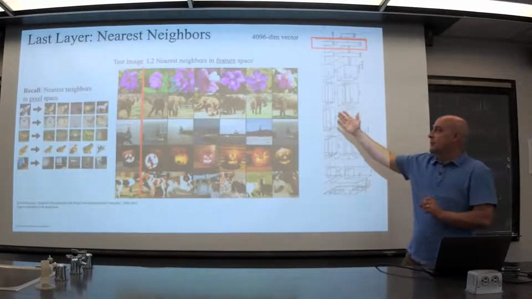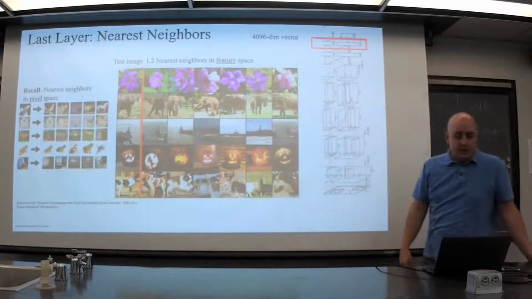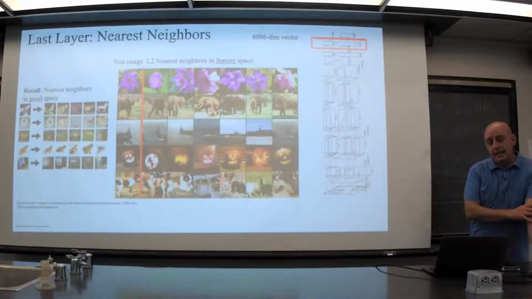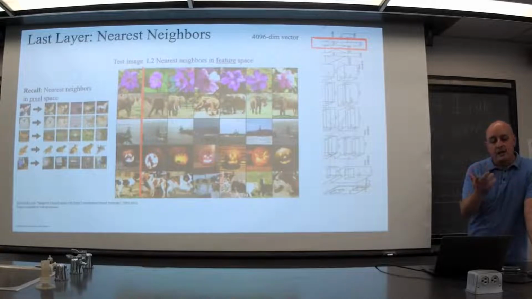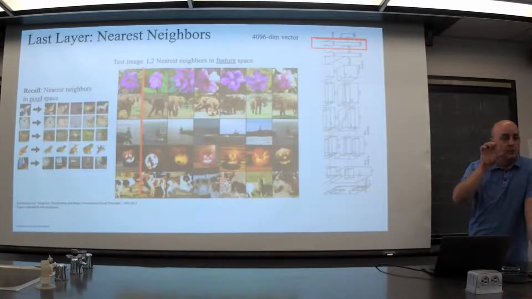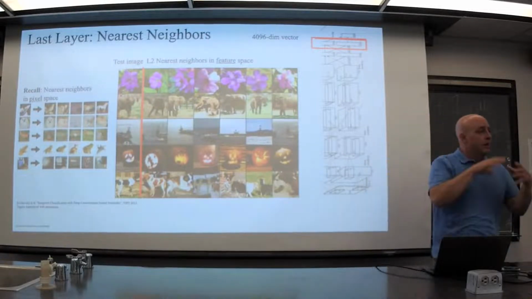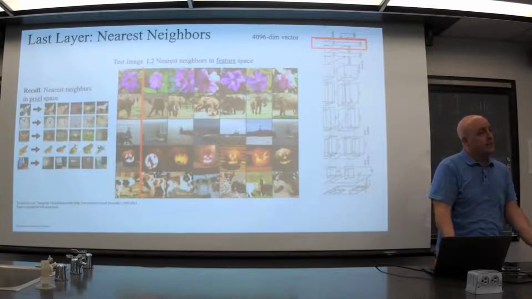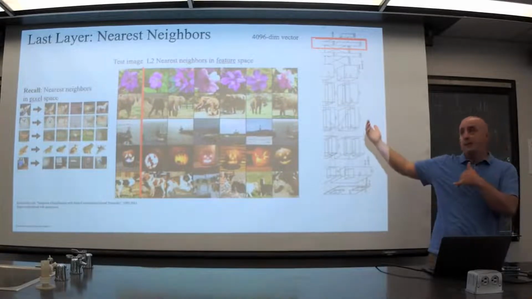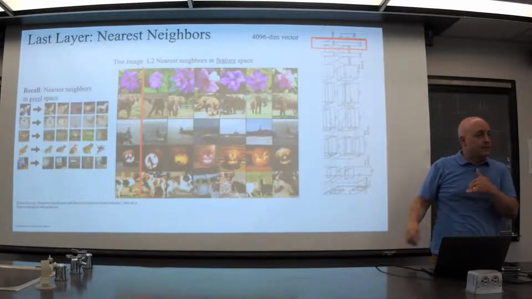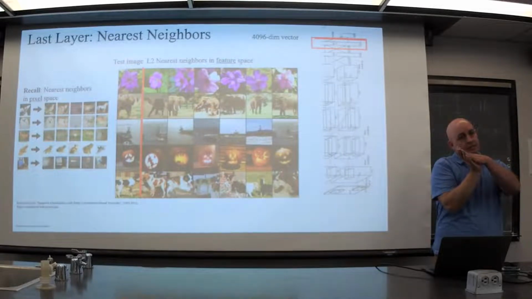preserved across similar images. Techniques like this power things like Google's ability to search by image. They don't take an image and go look for all the nearest neighbors of that image itself. They embed it via some kind of trained neural network like this, and then look for nearest neighbors, however they measure similarity.